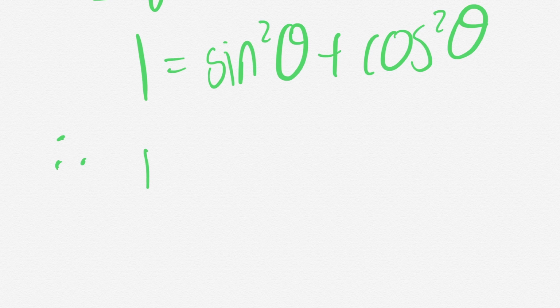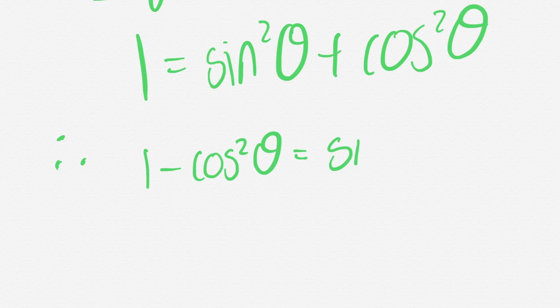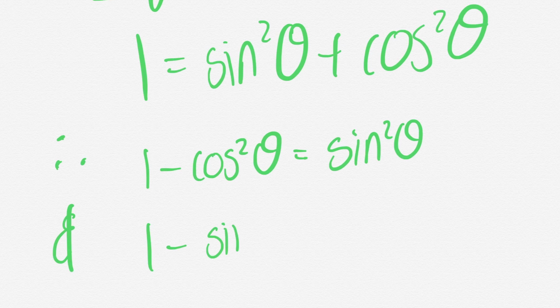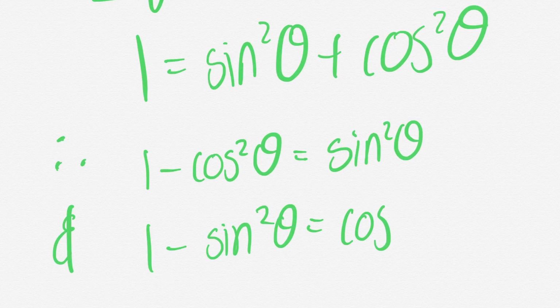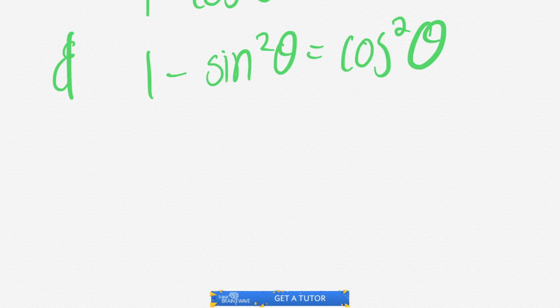So, if we manipulate this equation and we take sine squared theta across or cos squared theta across, vice versa, we'll get this. I've taken cos squared theta across, making it 1 minus cos squared theta is equal to the remaining, which is sine squared theta. And then I took the sine squared theta from the beginning, and I said 1 minus sine squared theta would leave me with cos squared theta on the right-hand side.